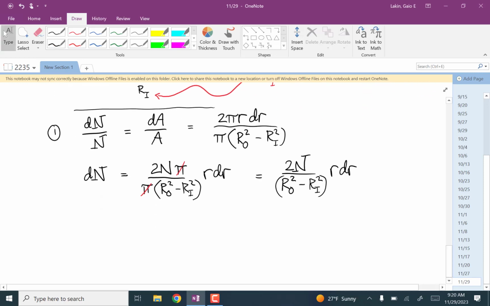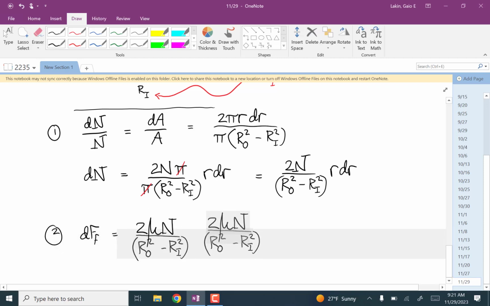Now that we have the normal force, we can figure out the total friction force. So the force of friction is just the coefficient, so 2 pi N over R outer squared minus R inner squared. You can't do this, I know, but I can. This is just the coefficient times dN.